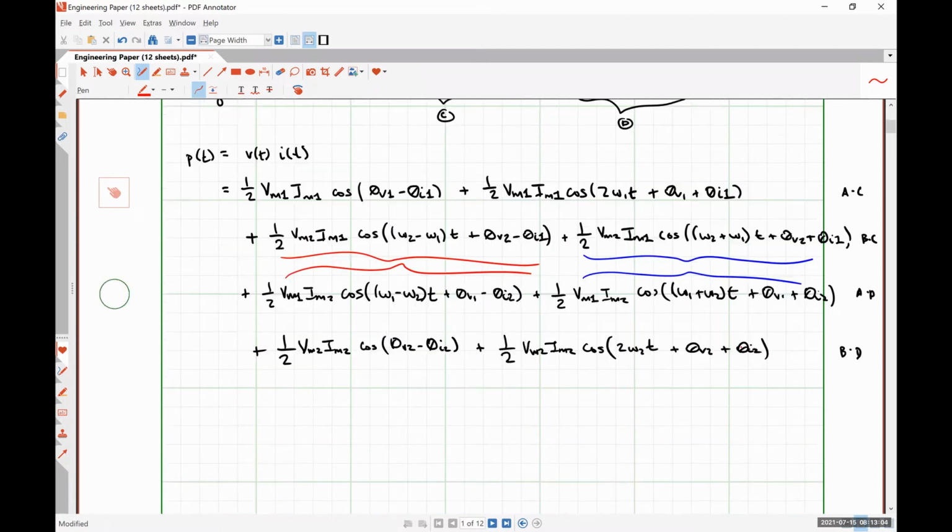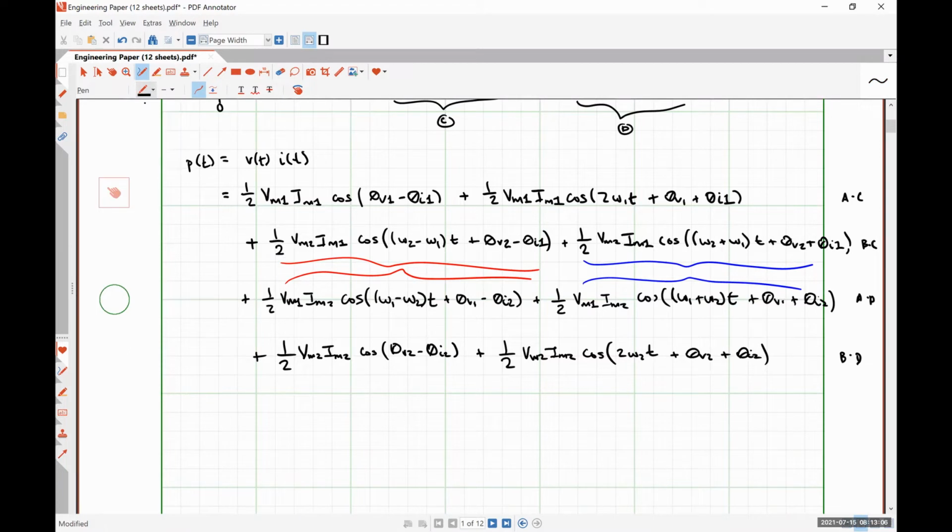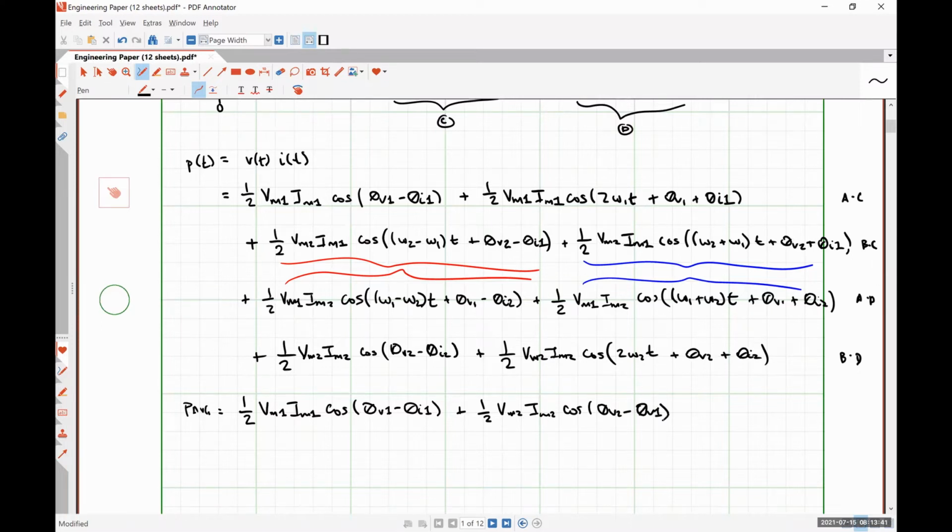So this is our instantaneous power. I'm just going to explicitly write an equation here. P average equals 1/2 Vm1 Im1 cosine(theta V1 minus theta I1) plus 1/2 Vm2 Im2 cosine(theta V2 minus theta I2).